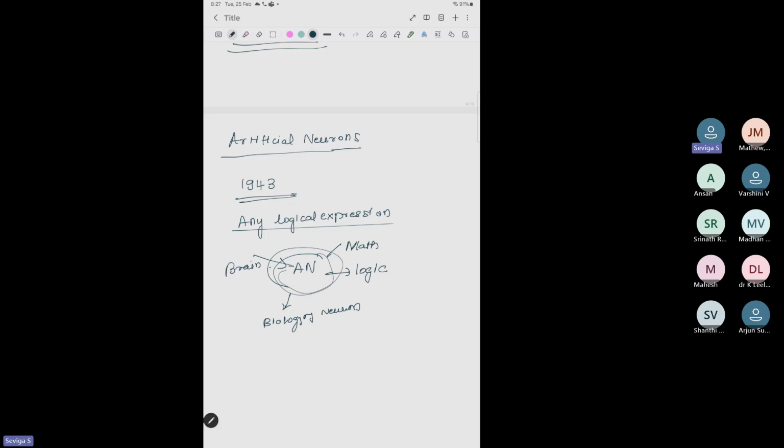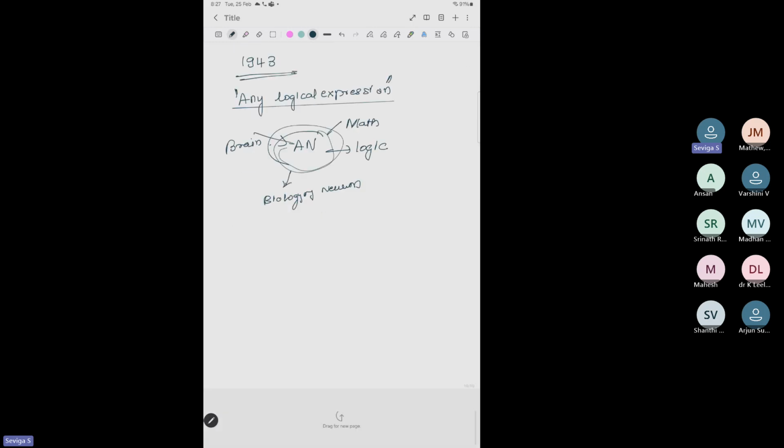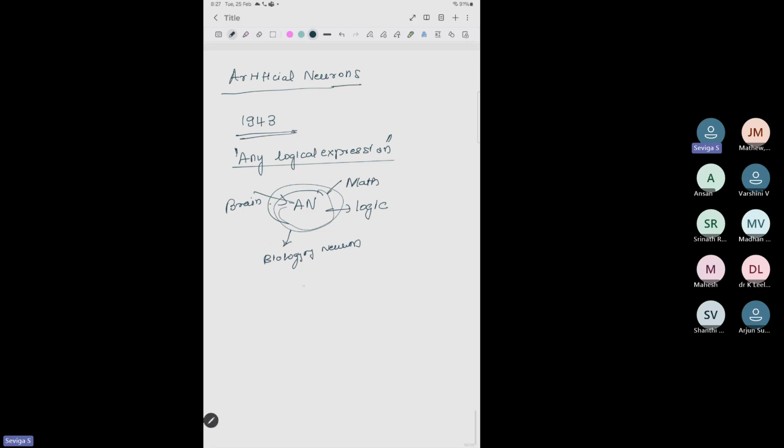So what is an artificial neuron? It will take any logical expression and implement it. The logical expression can be a mathematical operation also. Any logical operation satisfying certain conditions can be implemented using an artificial neuron. Usually, if you call a function f of x, you have x as your input and a function f, and it will give you an output y.